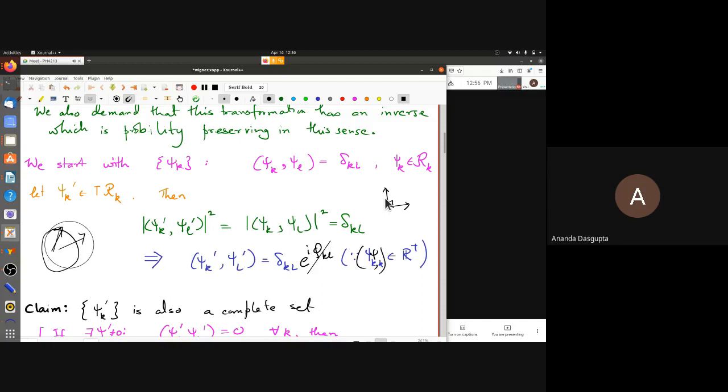Let's say that's the delta kl. Maybe they are unit length. Now let's forget the delta kl for the time being. But if I change the L, change this vector into something else, won't the fact that psi k prime, psi l prime is 0 when you have chosen different rays still be true?